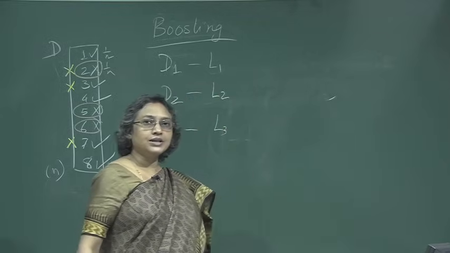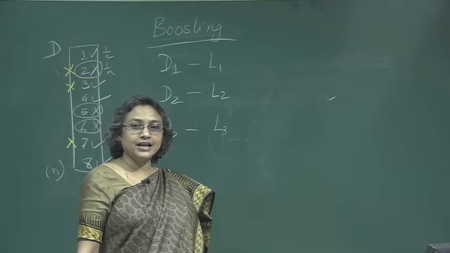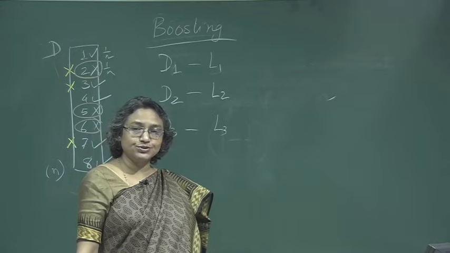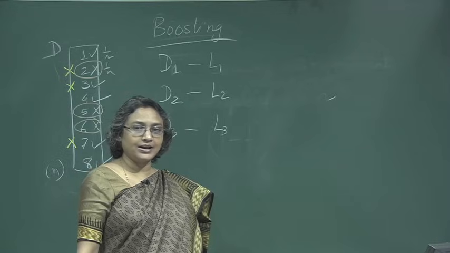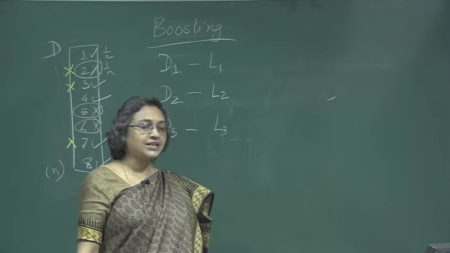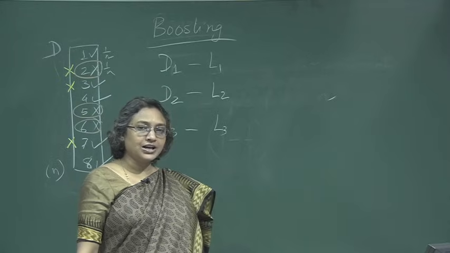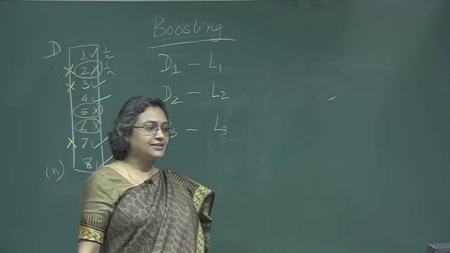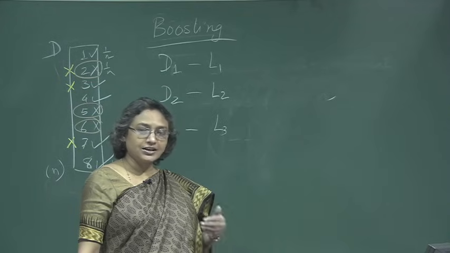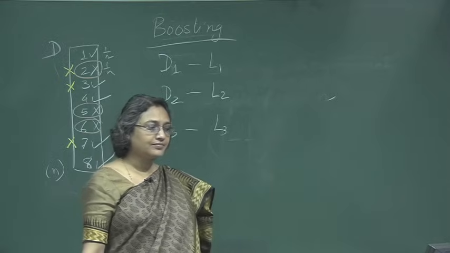So, boosting is an iterative procedure. We start with a uniform probability distribution on the given training instances, and we adaptively change the distribution of the training data. So, initially all the training instances have equal weight. After each round of boosting, the weights get changed.